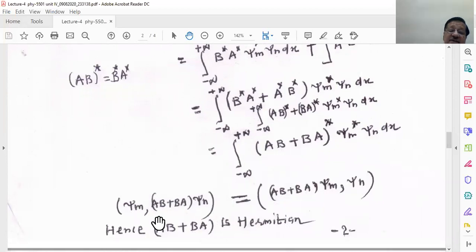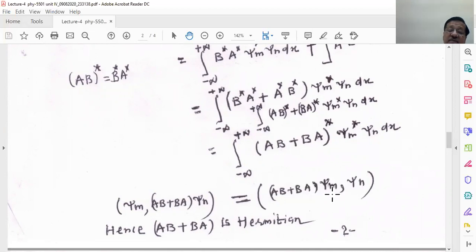You see the left hand side. Left hand side is ψ, (AB plus BA) ψ, and that we have solved. This is equal to ((AB plus BA) ψ, ψ). So this is the scalar product.